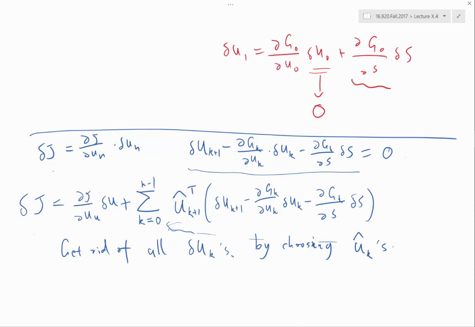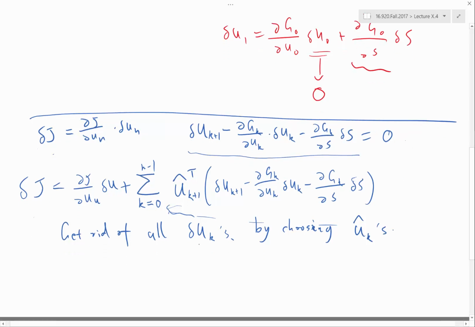So to see how we can get rid of these delta uk's, we just collect all the terms. First of all, the last term to collect is delta un, right? So for delta un, we have this, plus u hat of n transpose times delta un, right?